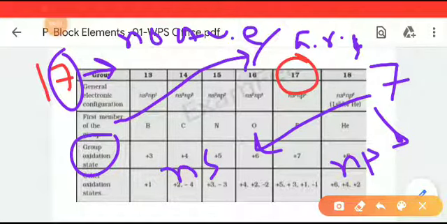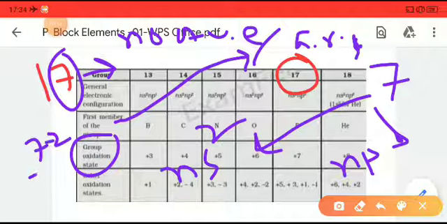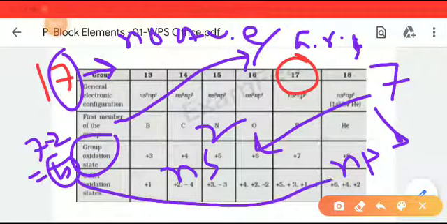The s orbital can hold only 2 electrons, so 7 minus 2, the number of remaining electrons is 5. These 5 electrons will go to the p orbital, that is the np orbital. So the general valence electronic configuration of group 17 is ns2 np5.